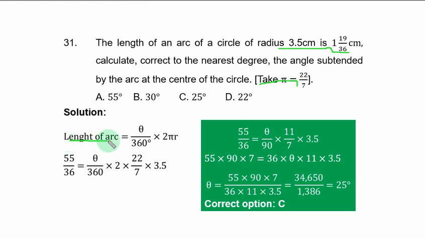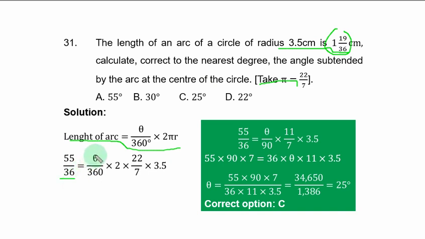This is the length of arc formula. In the question, the length of arc is given as a mixed fraction. If you convert it to an improper fraction, you have 55 over 36.